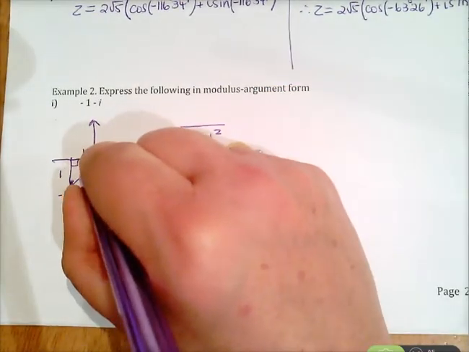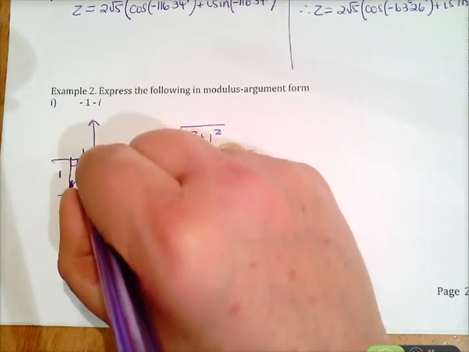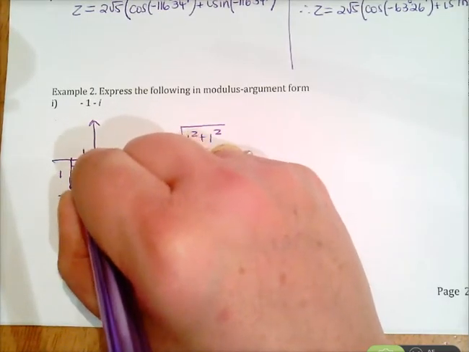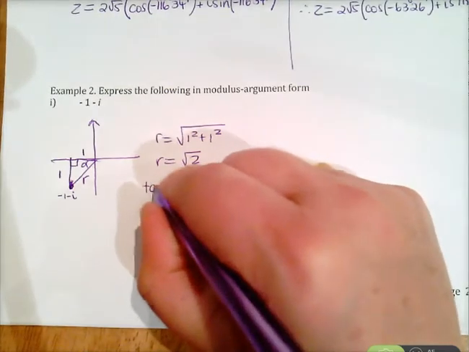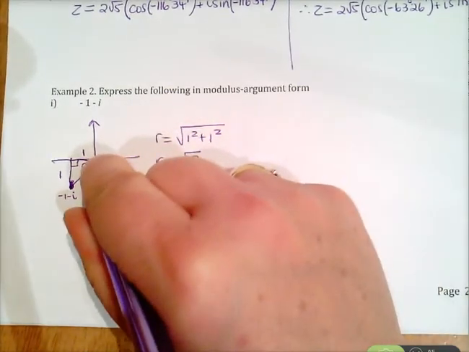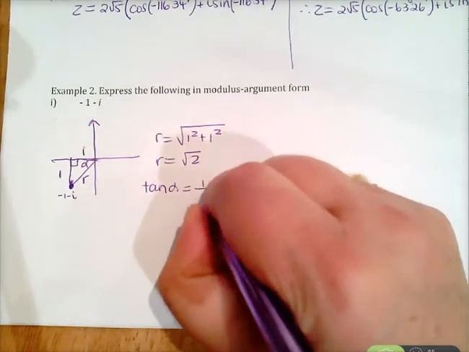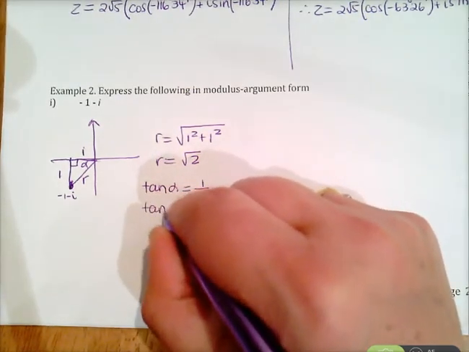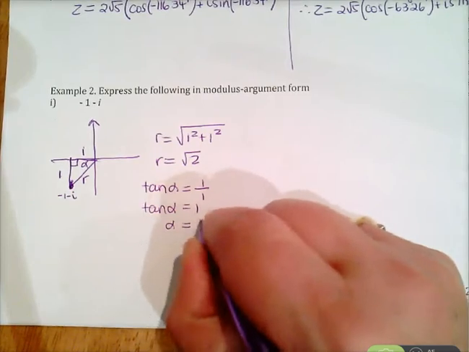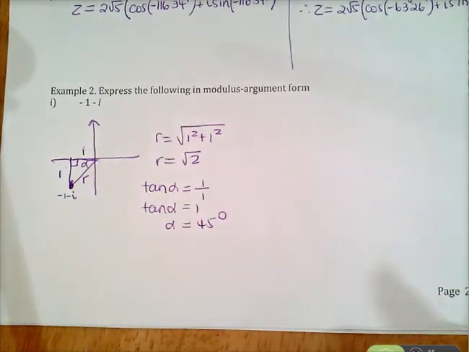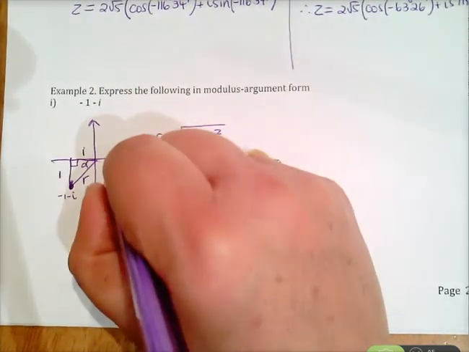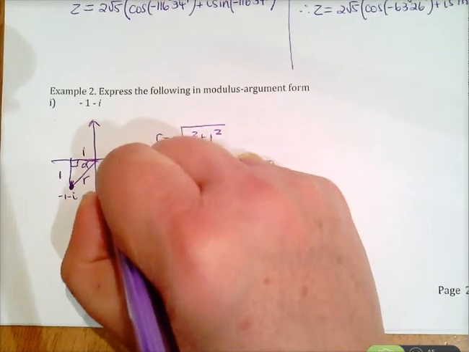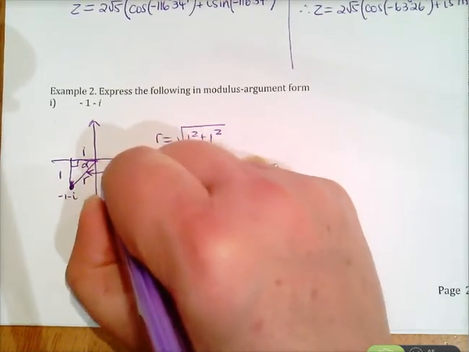And here, I'm going to call this angle alpha. Now tan of alpha is 1 on 1, which is 1. We all know that tan of 45 degrees is 1, so alpha is 45 degrees. But that is not my argument, or my principal argument, which is the angle from the positive direction of the x-axis.